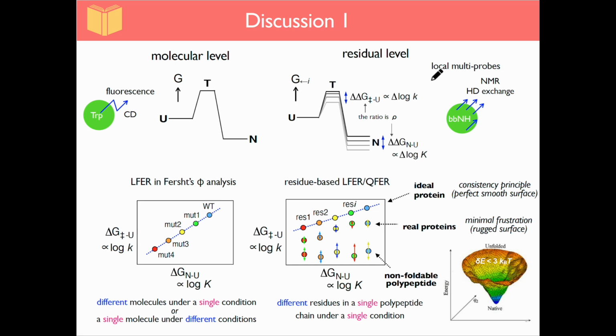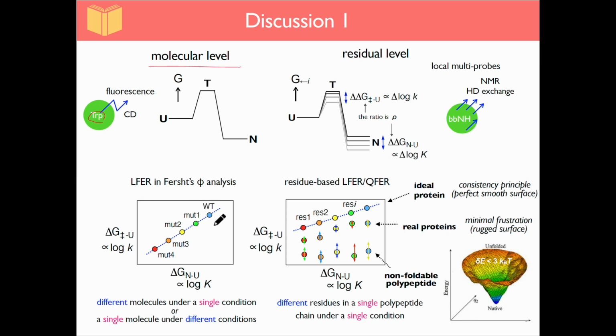Now the discussion part. Mutation phi analysis is at the molecular level. Even if we use tryptophan as a fluorescence probe, in this case of course this is a local probe, but in general this is regarded as molecular level information. And this is a LFER plot.